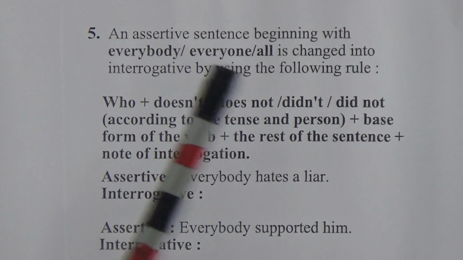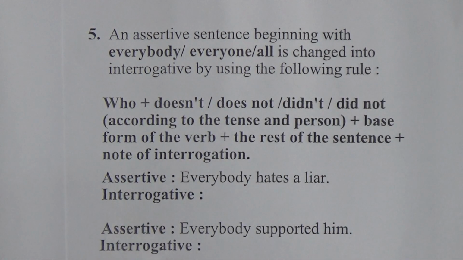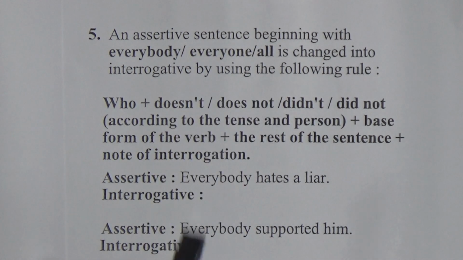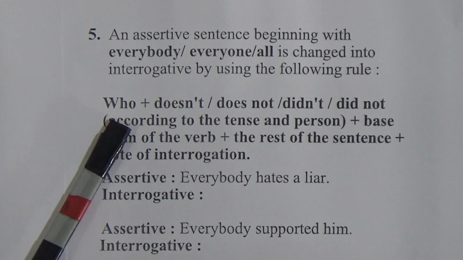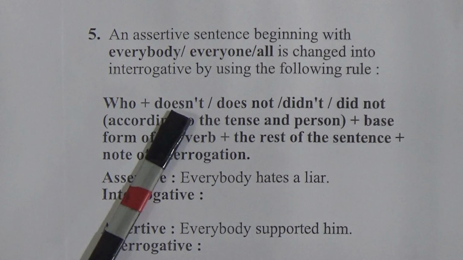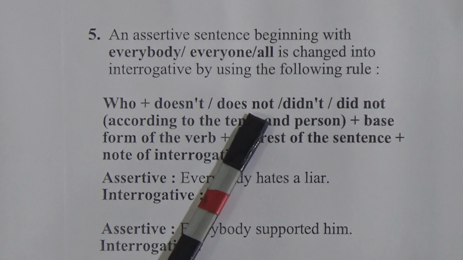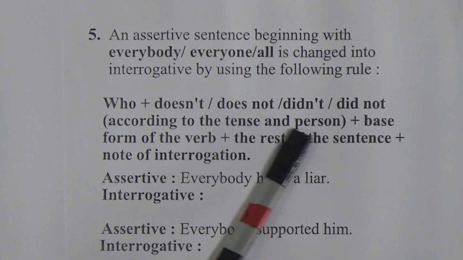An assertive sentence beginning with everybody or everyone or all is changed into interrogative by using the following rule. So if the assertive sentence starts with everybody or everyone or all, we will follow the rule. At first we will start our interrogative sentence with who, then does not or doesn't, did not or didn't, according to the tense and person.